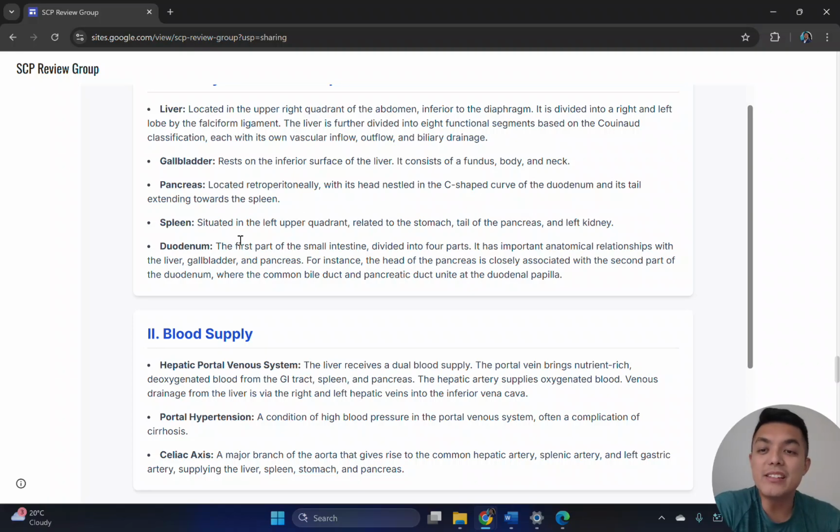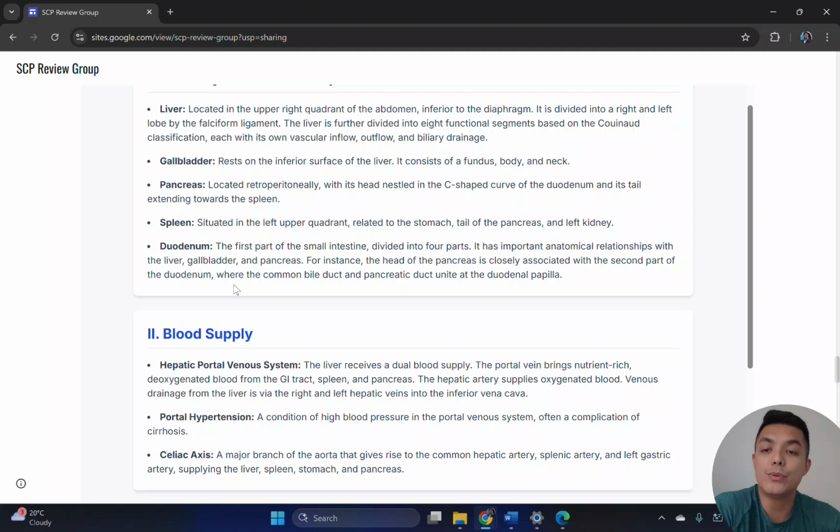And then the spleen, it's situated in the left upper quadrant and related to the stomach, the tail of the pancreas, and left kidney. So when we're doing renal or kidney operations, sometimes we see the pancreas, which we avoid at all costs. And the spleen, yeah, we avoid those at all costs.